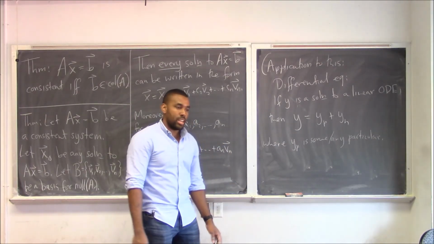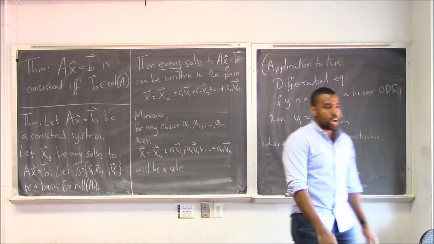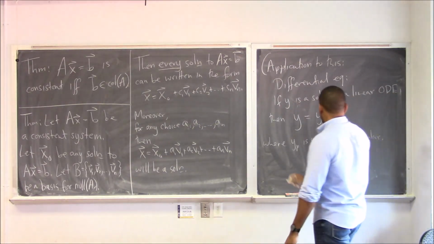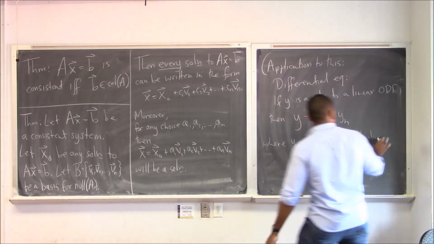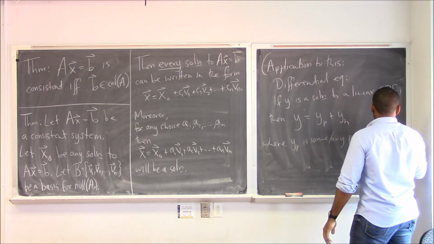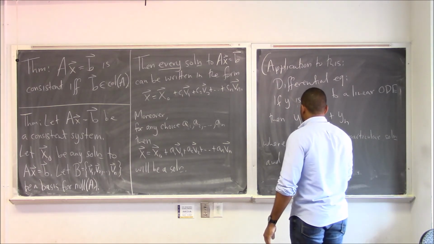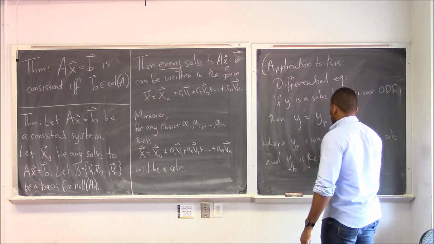He doesn't have to get a specific one, he can pick any random one. So he just picked the one that has the most convenient constants of integration. So where yp is a particular solution, and yh is the general homogeneous solution.